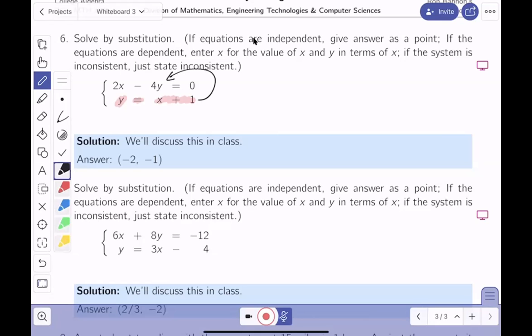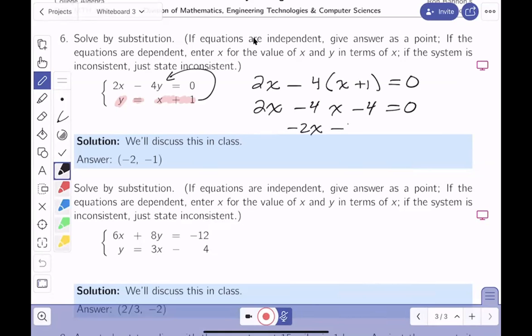Let's write that down. 2x minus 4, and y says it's x plus 1, right? Equals 0. 2x minus 4x minus 4 equals 0. Minus 2x minus 4 equals 0.